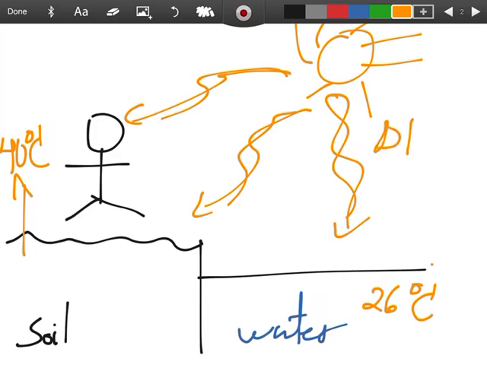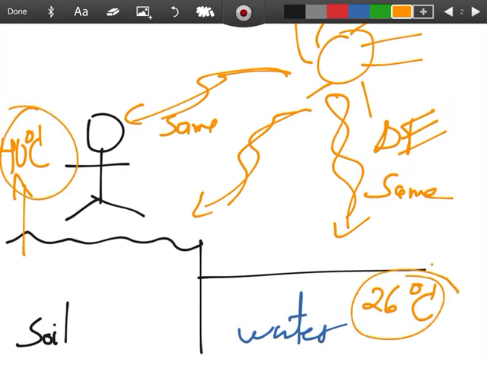The amount of energy that the sun is giving to the water and to the soil is exactly the same. But the problem is that the temperatures of one substance, in this case soil, and the other one, water, are very, very different. So what do you think this is? Well, it has a very simple explanation.